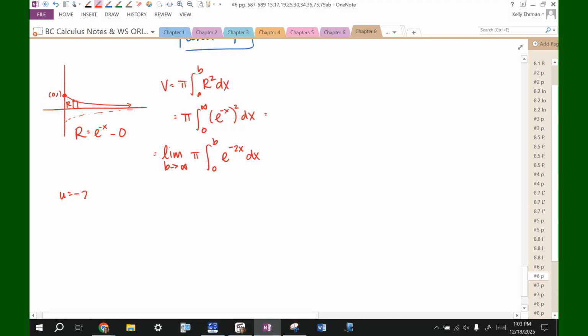U sub off to the side, u is negative 2x, du dx is negative 2, du divided by negative 2 is dx. So now it's the limit as b approaches infinity of negative pi over 2 times the integral from 0 to b of e to the u du.